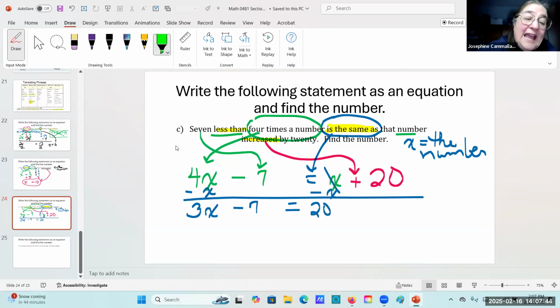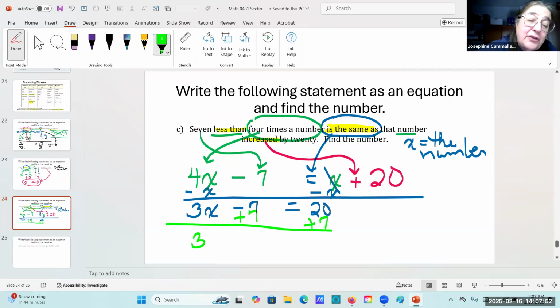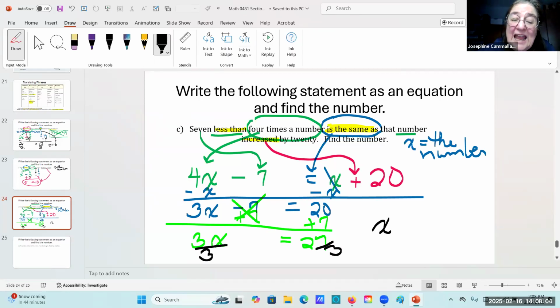I'm going to add 7 to both sides. This gives me 3X. This cancels. 27. And then I'm going to make dumplings. Divide by 3. X is equal to 9. 9 is that number.